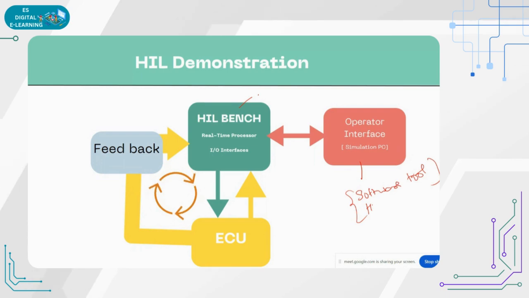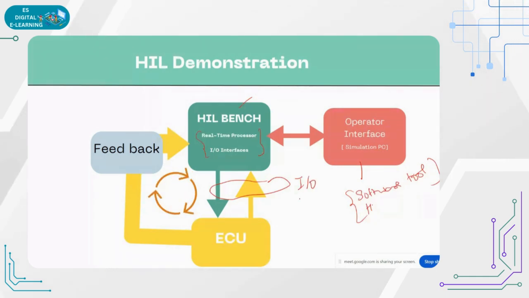These are some benches that have HIL. It processes the data and gives it to the IO, so it is IO communication, communicating with the ECU, which is our real-time controller.